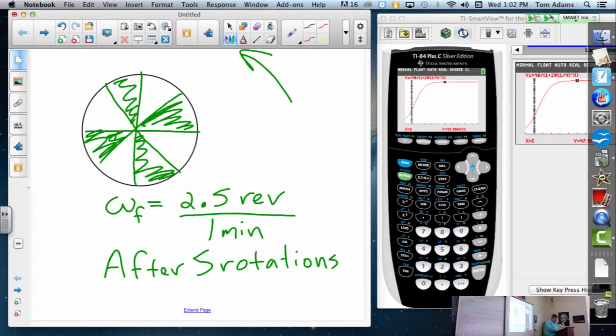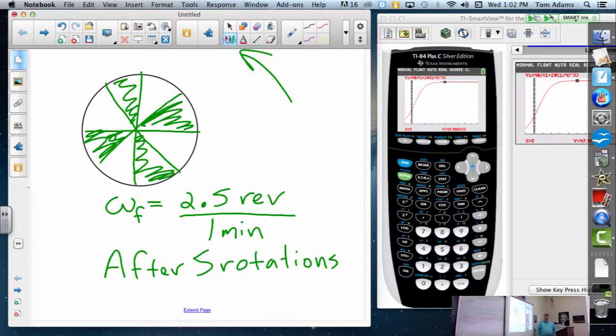Let me read this again out loud. It says a merry-go-round accelerating uniformly from rest achieves its operating speed of 2.5 RPMs in 5 revolutions. What is the magnitude of its angular acceleration?